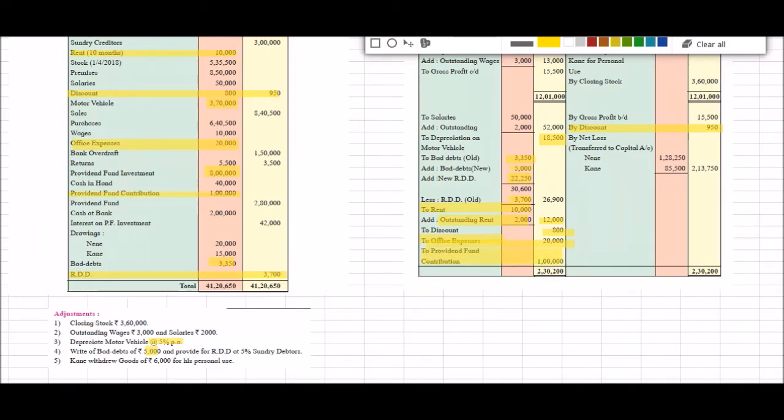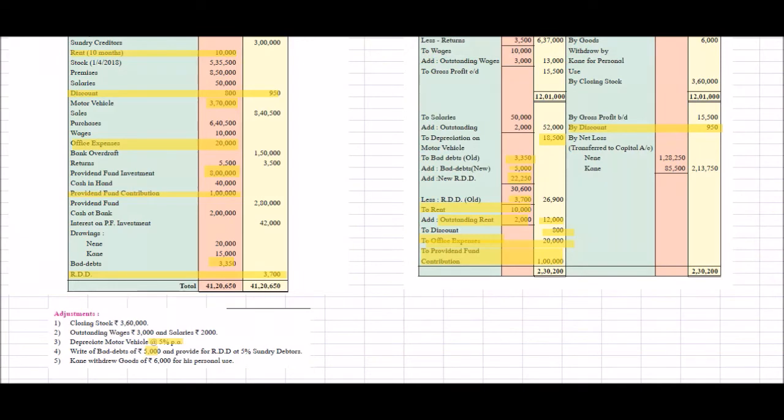The debit side amount is more than the credit side amount, so this is a net loss for the business. That net loss will be transferred to the capital account.